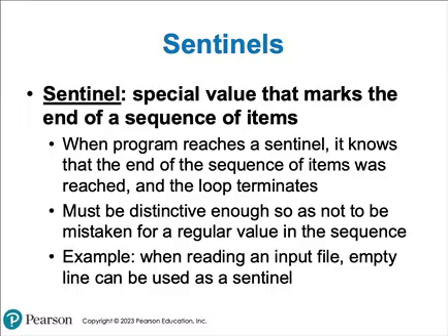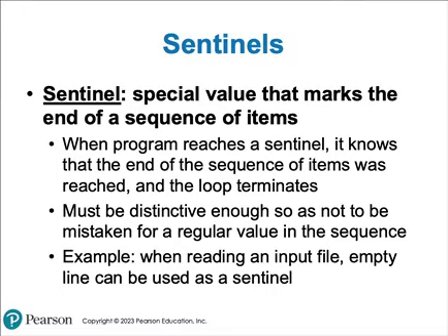A sentinel value is a flag or special value that marks the end of sequence items. So this would be a bad example to use 0 as a sentinel value for entering grades for a student, because students on occasion do get zeros on assignments, usually because they just did not turn it in.